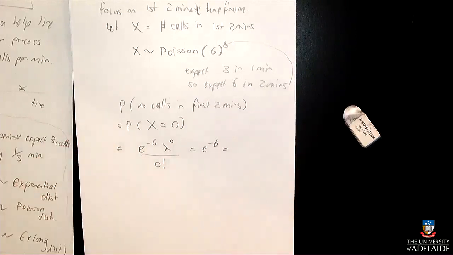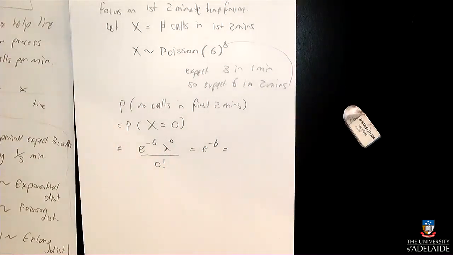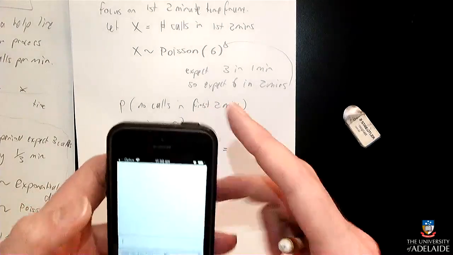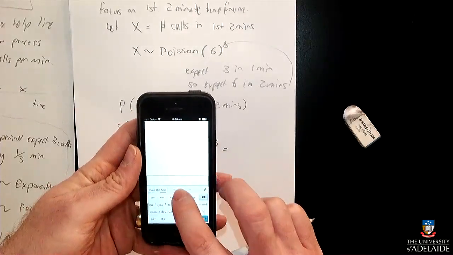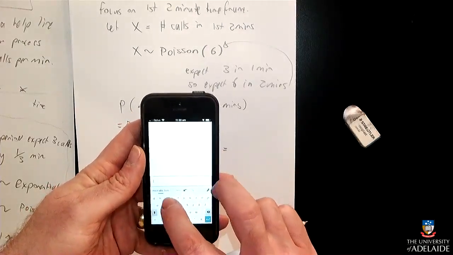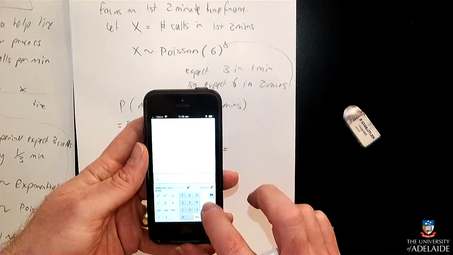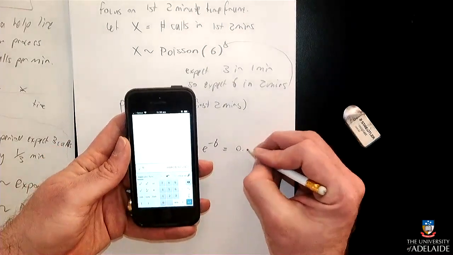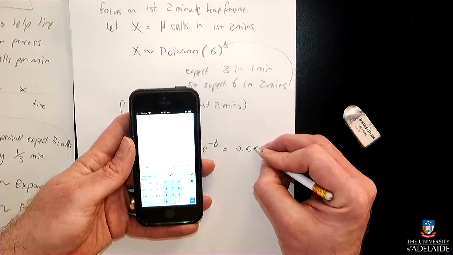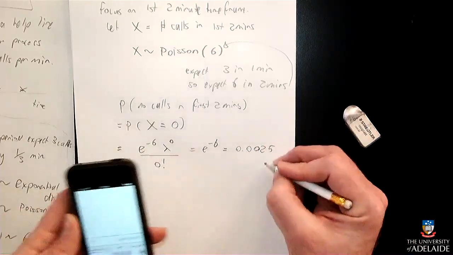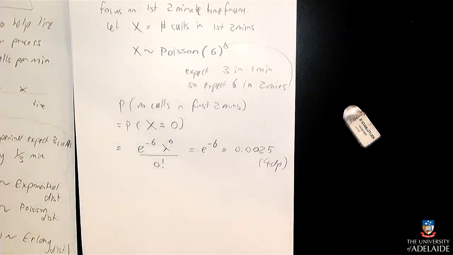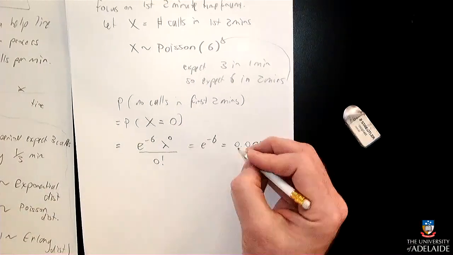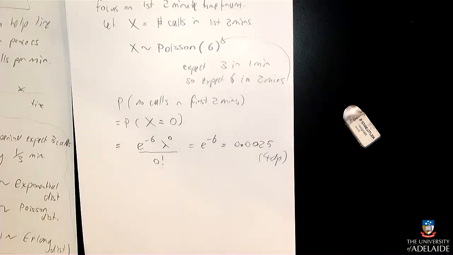Which is e to the minus 6, whatever that is. Very small. Okay, 0.025. So a very small chance of not getting any calls in those first 2 minutes.